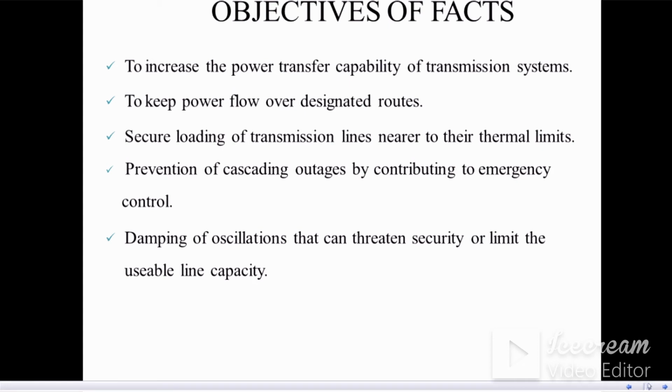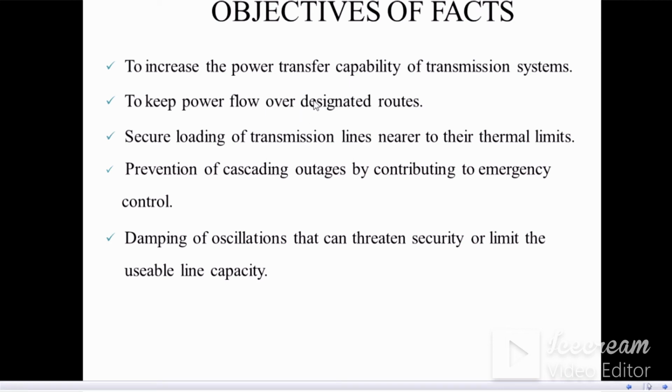The main objective of FACTS is first to increase the power transfer capability of the transmission system. Second, to keep power flow over designated routes only. Since whenever we try to increase the power transfer capability, the line gets overloaded, and when a line gets overloaded, it shares some of its load inherently with the other simultaneously running lines.